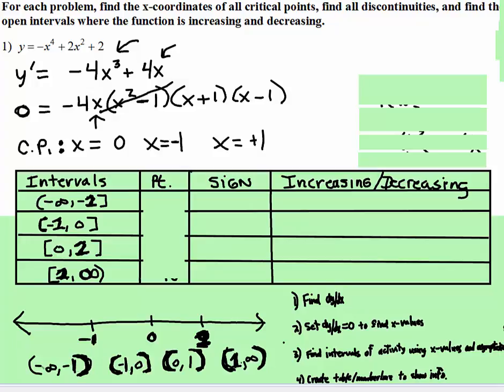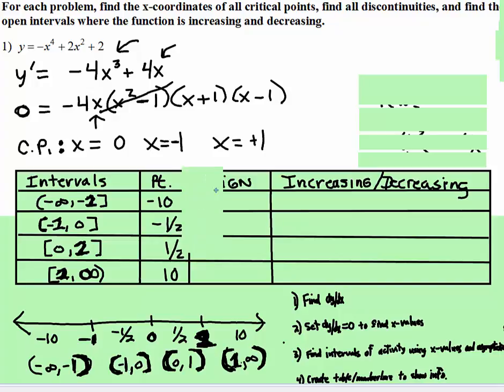So between negative infinity all the way up to negative 1, the easiest number that I can think of would be negative 10. Between negative 1 and 0, that's going to be a fraction, would be negative 1/2. Between 0 and positive 1, I'm going to use positive 1/2. And from 1 to positive infinity, I'm going to choose 10.